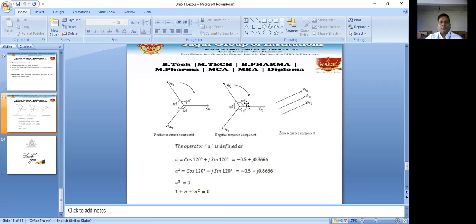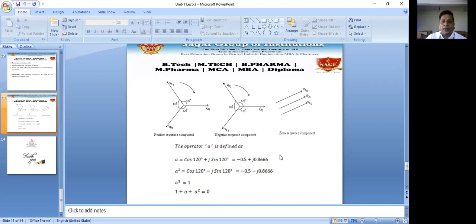Then the negative sequence components VA2, VB2, and VC2, where phases C and B are interchanged, the reverse of the original phase sequence. And VA0, VB0, and VC0 are the zero sequence components, which have no phase displacement from each other.